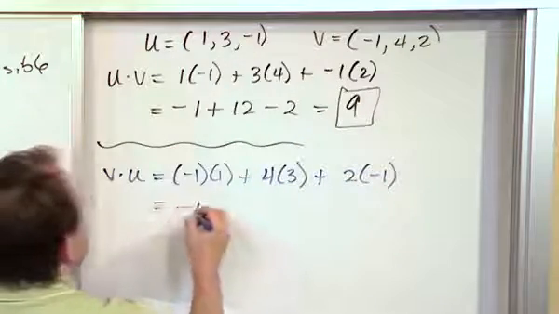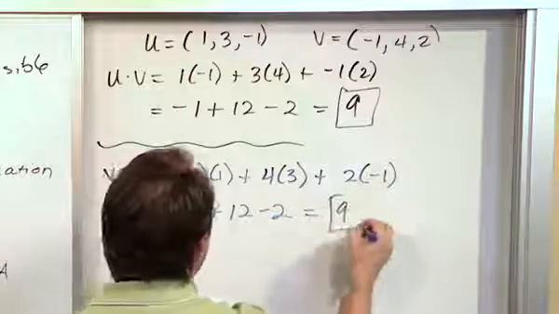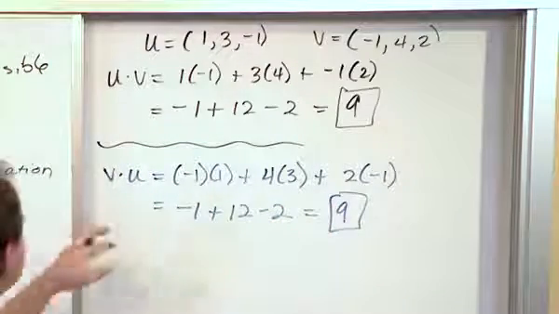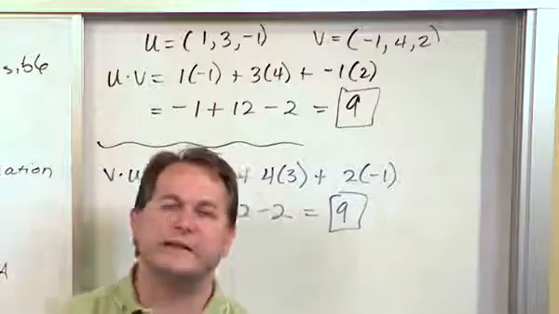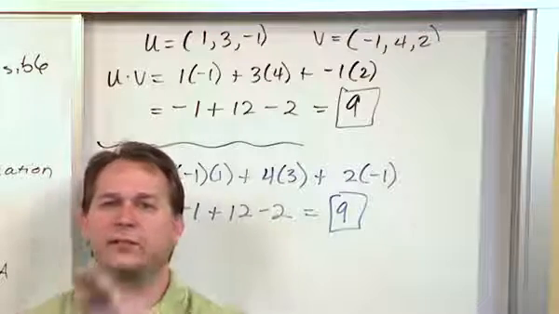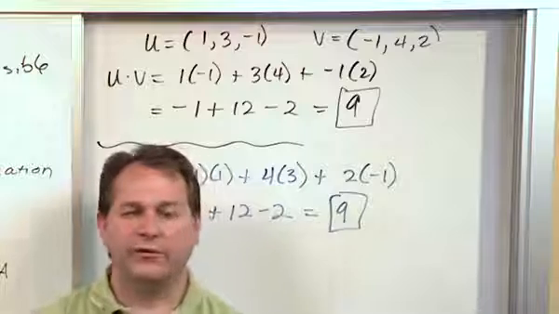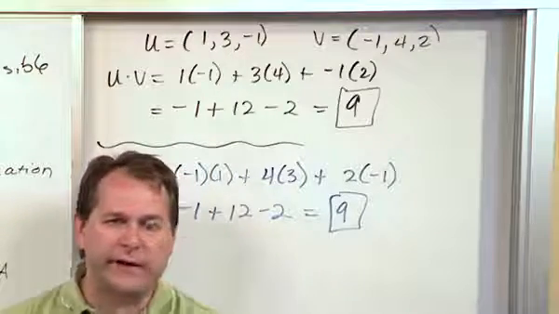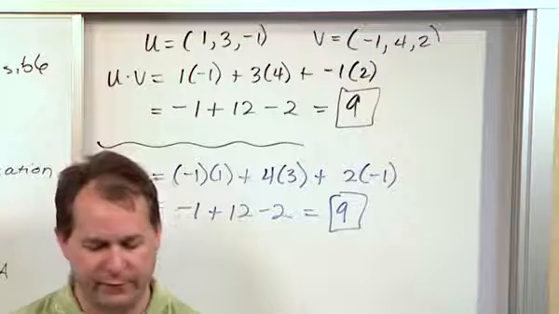So what I'll get here is negative 1 plus 12 minus 2, and again I get exactly the same thing, which is 9. So it doesn't matter if I do u dot v, v dot u, you know that from vector analysis back from physics or whatever you studied. If you dot two vectors together, it doesn't really matter the way in which you're doing it. You basically are just doing those components and laying one vector on its side, one vector as a column, and you're just going over and down as you do that multiplication.